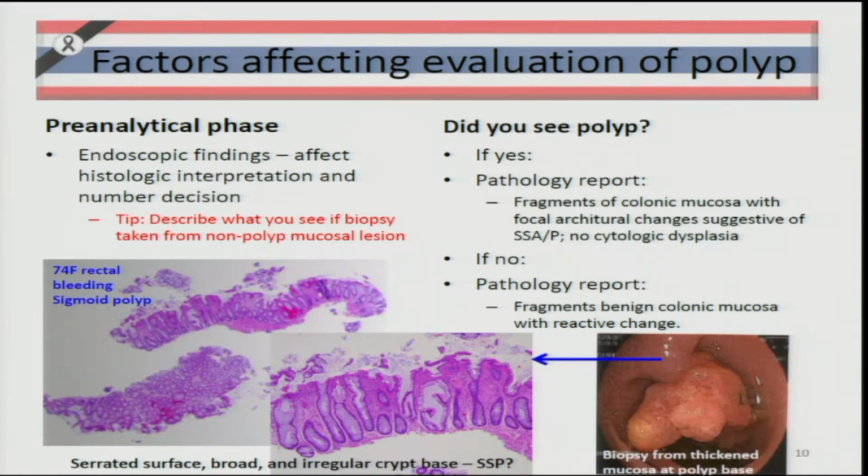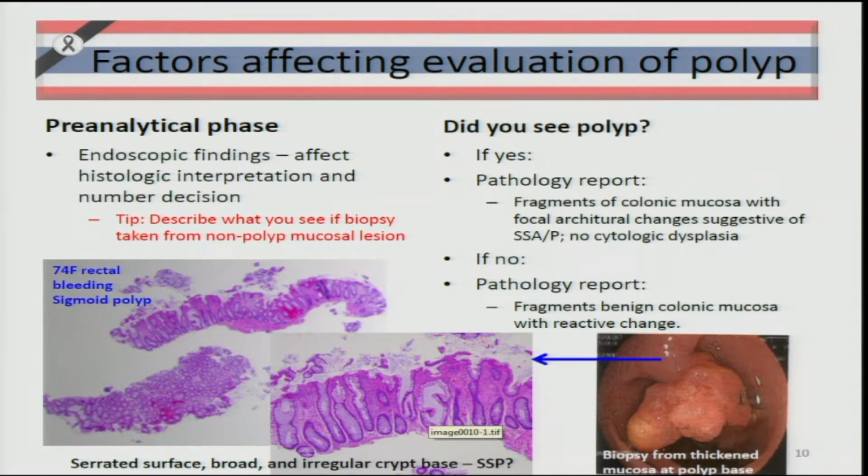Here is another example case that shows the importance of endoscopic finding. This is an advanced polyp under endoscopy, and biopsy from the polyp head confirmed the presence of high-grade dysplasia and intramucosal carcinoma. But there is a separate container of colonic mucosa that shows a slightly serrated surface with broad-based irregular crypts.